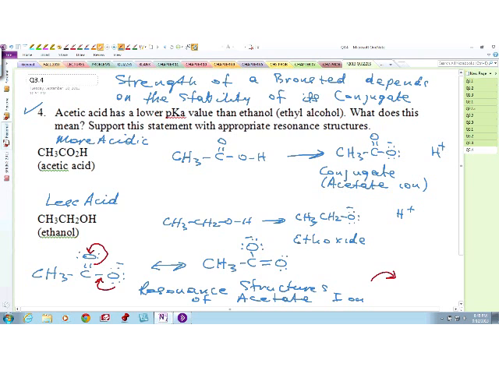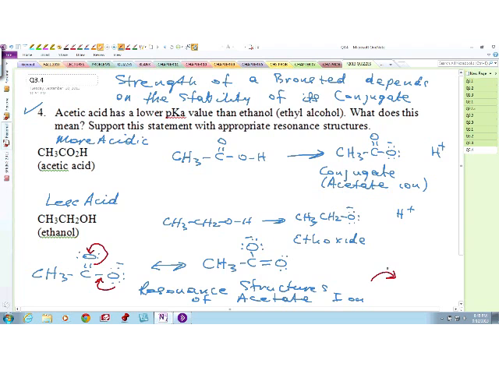Okay, that would be the answer. Yes, you have to write that. Draw the resonance structure and we need to explain that. If I give this to you in an exam, that's what I expect you to do.